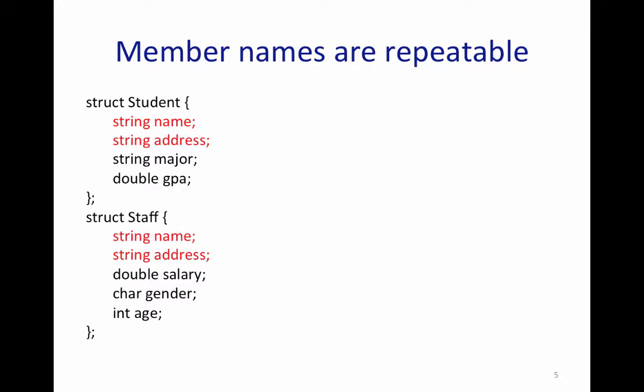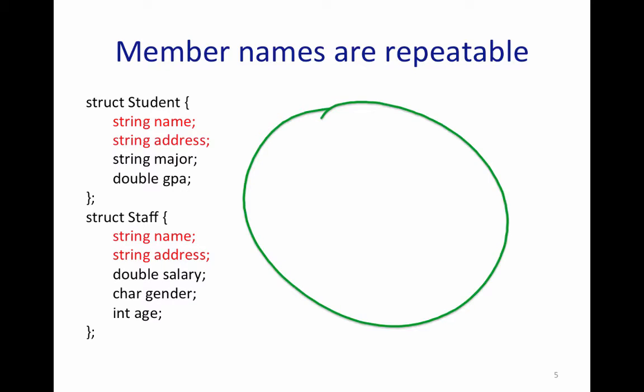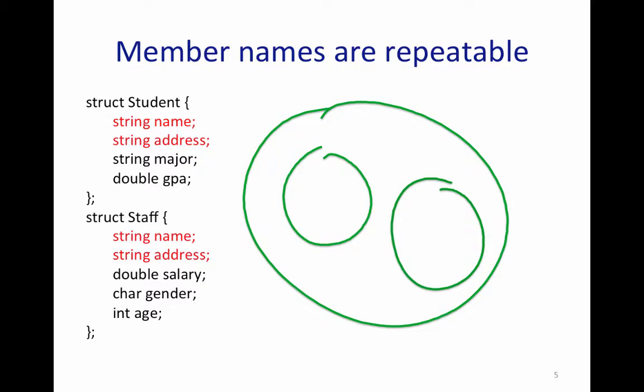Okay? So one nice thing about structs is that they divide what we call the namespace. The namespace up to now has been kind of this big global entity. It's not quite true. Each function, you're allowed to reuse variables.